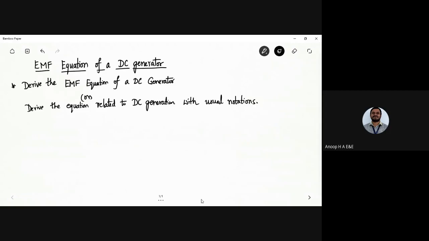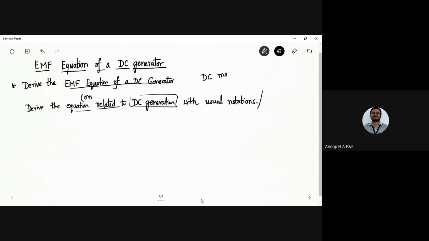So that is where we are going to derive the EMF equation of a DC generator, starting from the fundamentals or usual notations. That is the equation related to a DC generator, or a DC machine in general.